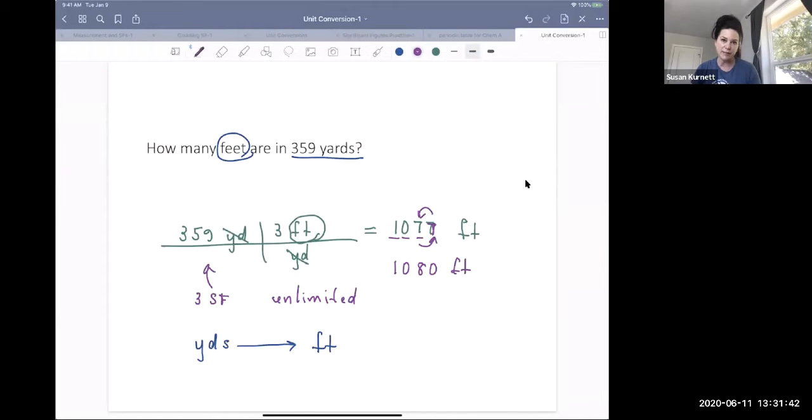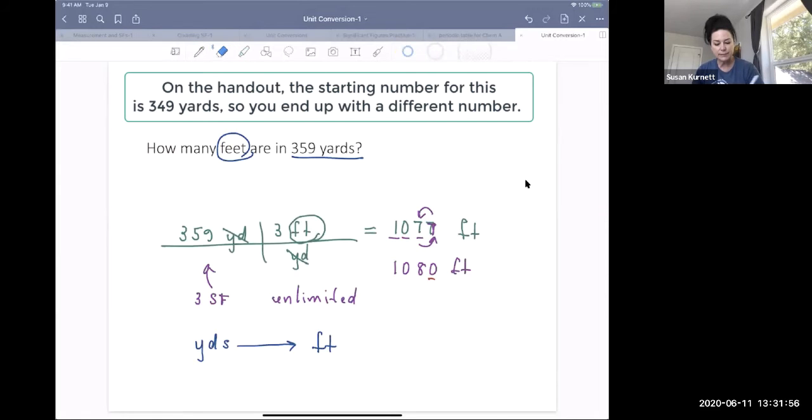There are 4 digits there. And any time we have a whole number that ends in 0, we have to ask ourselves, is that significant? I don't know. So how do we clear up any ambiguity? Scientific notation. So my calculator can do that for me. I'm going to type in 1080 and hit second function 5.